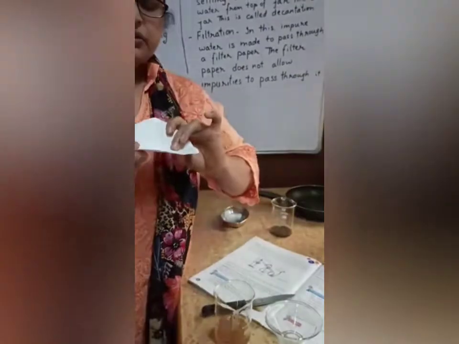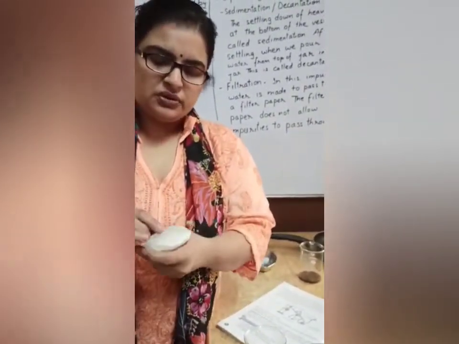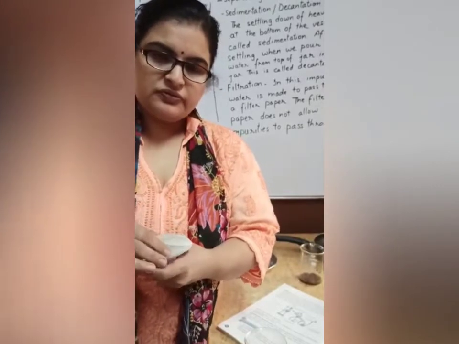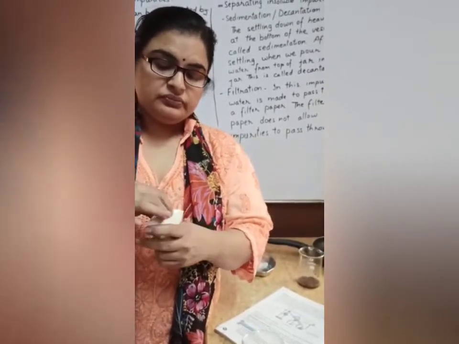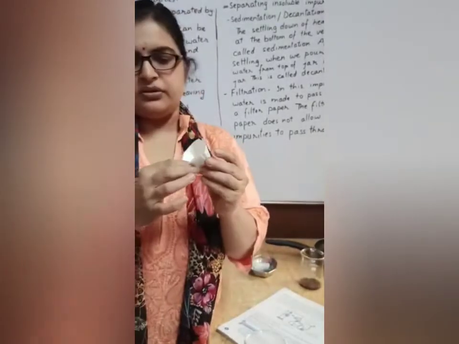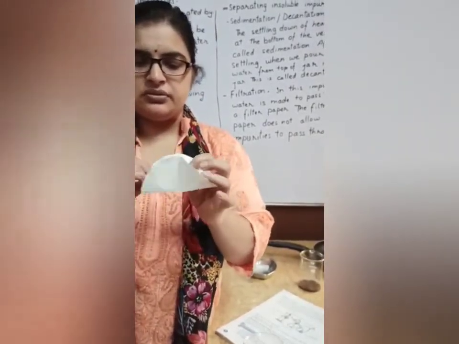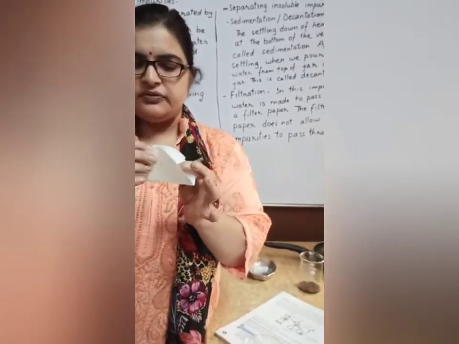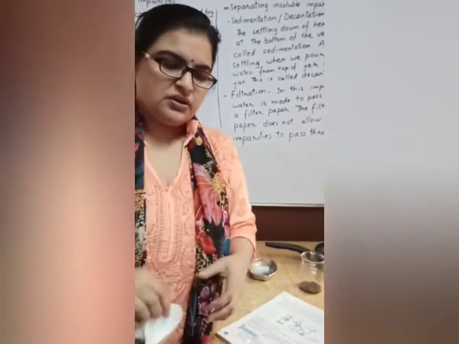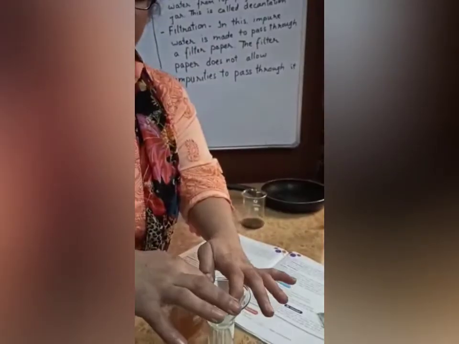What we do is, we fold it into two, that is, we make four folds. 1, 2, 3, 4. Then we make it into a cone. On one side there are 3 folds, and on the other side there is 1 fold.